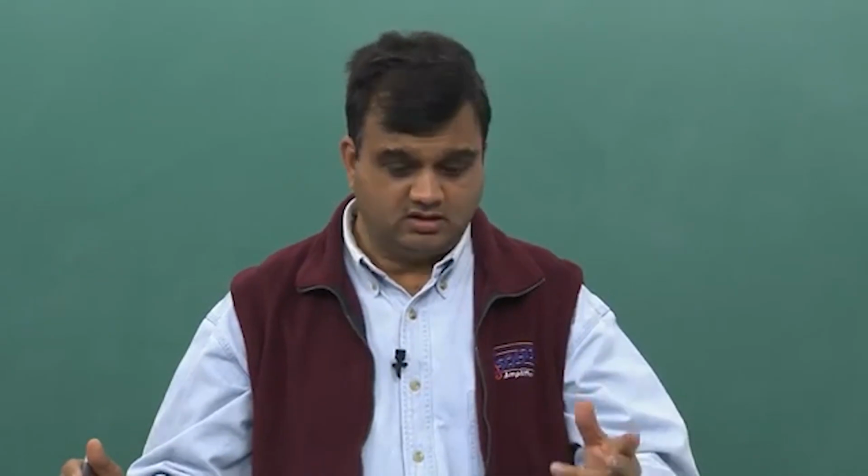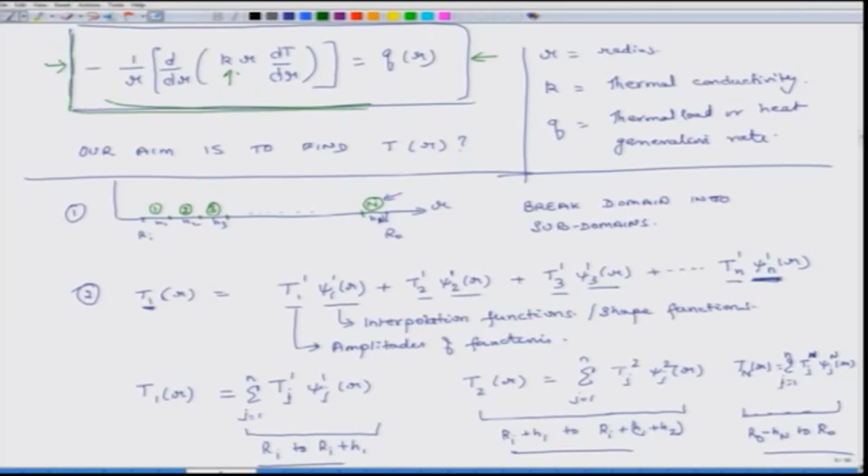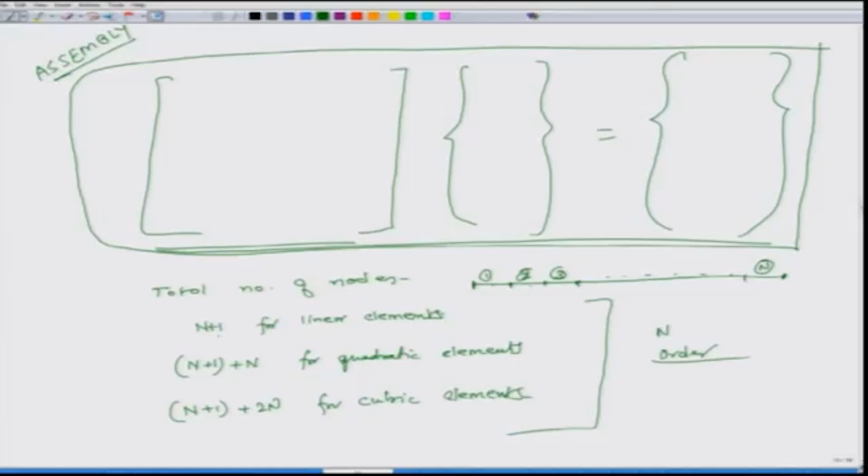Boundary condition. We have not captured the boundary condition, because when we are using this equation, we have not used any boundary condition. That is what we do once the assembly has been done. Once all the equations have been assembled, I ask what my boundary conditions are.